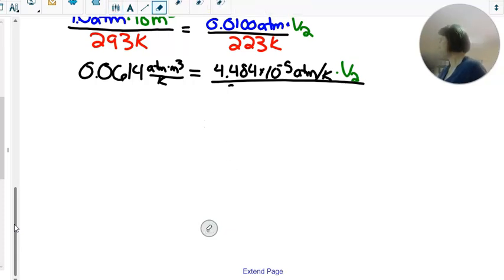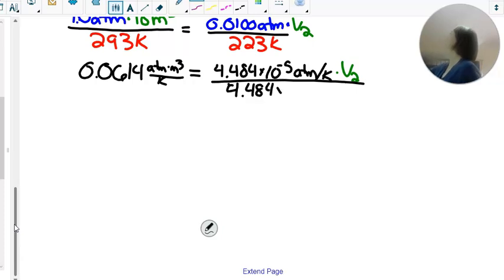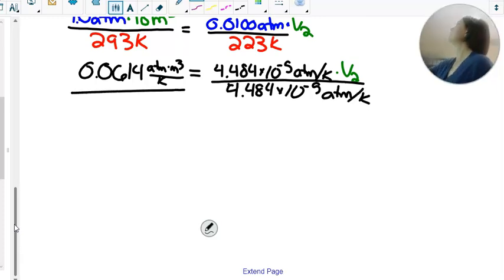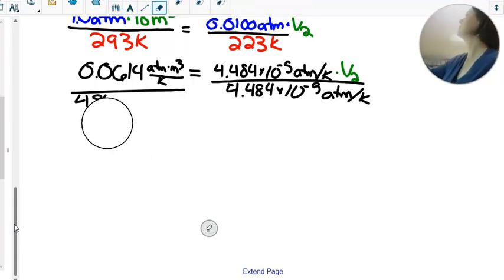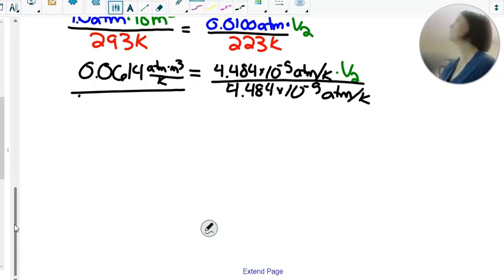I'll just do it in scientific notation: 4.484 times 10 to the negative fifth atm per Kelvin, and divide that by 4.484 times 10 to the negative fifth atm per Kelvin.